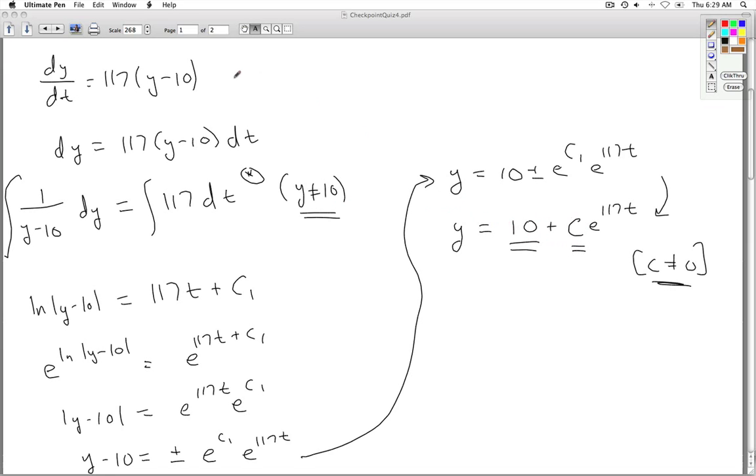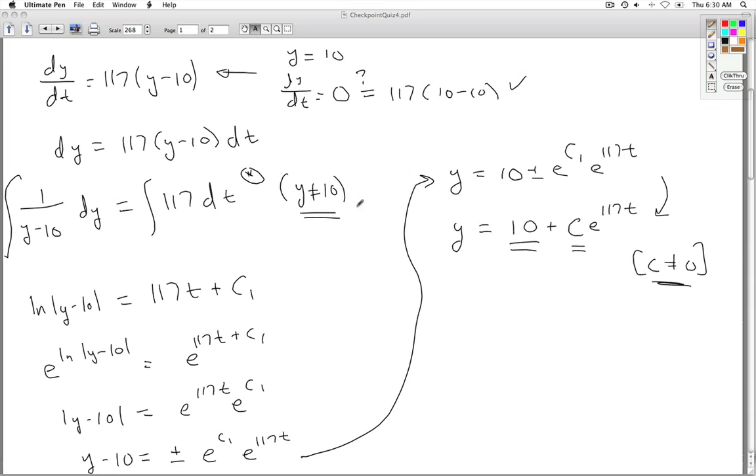Well, let's go back to our original differential equation. If I look at the constant function y equals 10, does it make the original equation true? Well, what's the derivative dy/dt? It's a constant, so that's 0. And does that equal 11/7 times y - 10? 10 minus 10. Yep, sure enough it does.